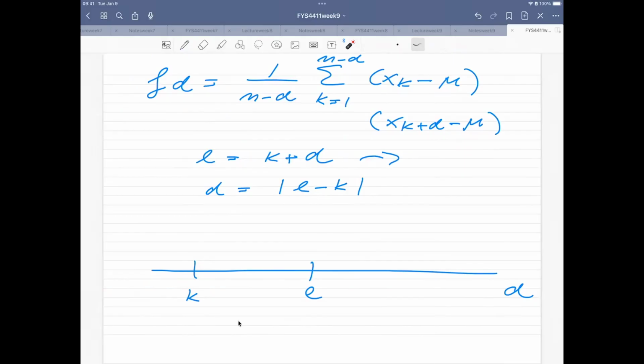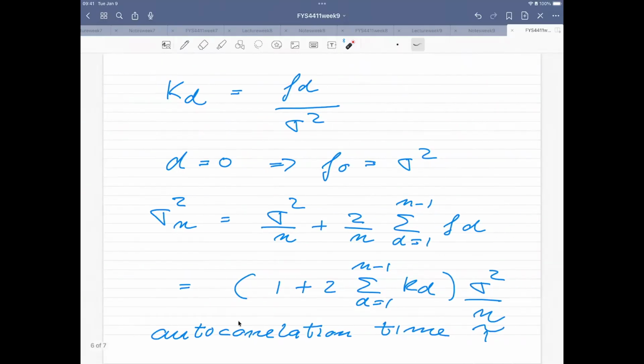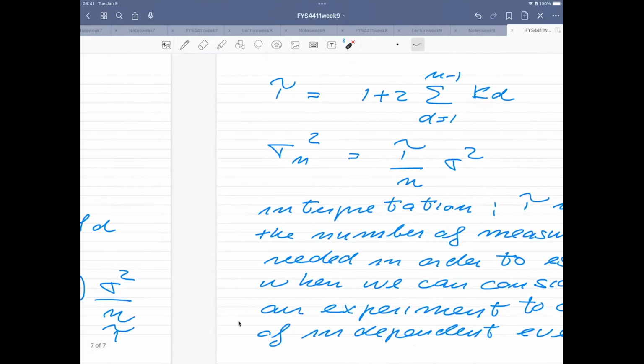So you run an experiment, you have your system in a specific position, then you go to the next time step, etc., etc. And what you would like then to see is that these events actually become uncorrelated. So typically when you look at this term here, we can now rewrite it a little bit.